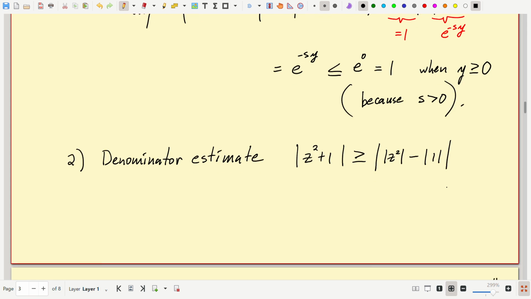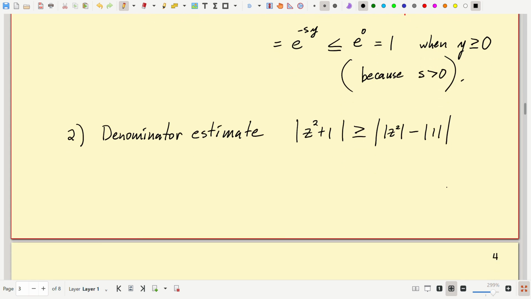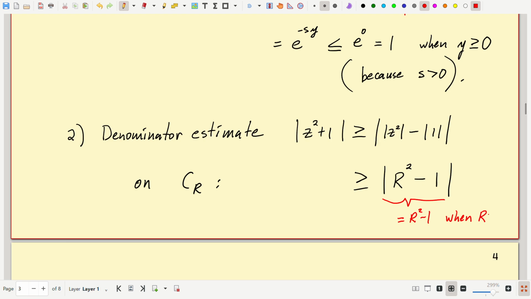Now if that radius was something big on C sub r, this would be greater than or equal to r squared minus 1, a real number, when r is big, in particular when r is bigger than 1.